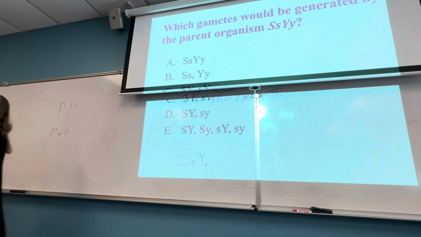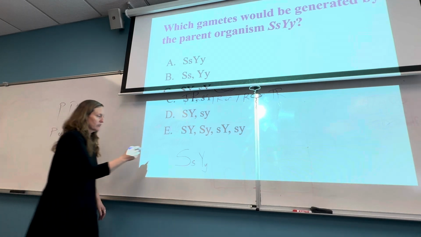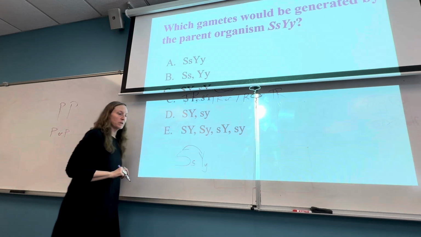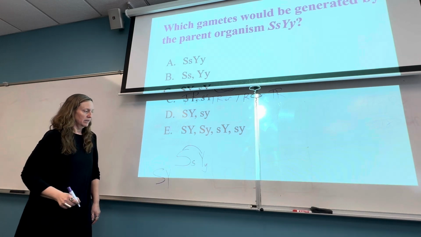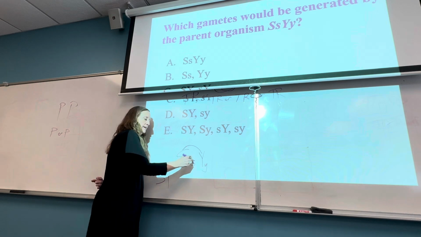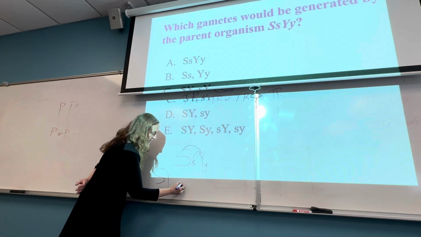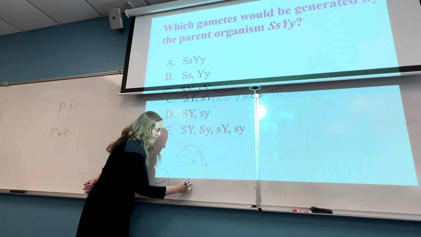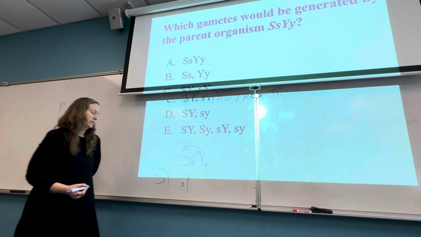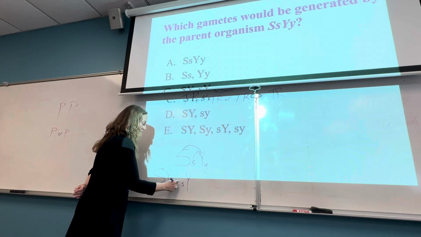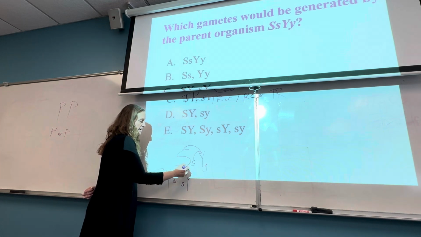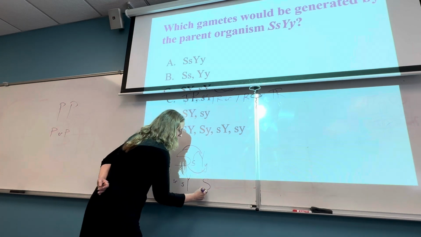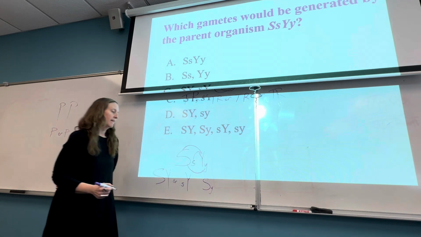For this parent, we're going to take our first letters, big S and big Y. We're going to take our inner letters, which would be little s and big Y. Going to take our outer letters, which is big S and little y.